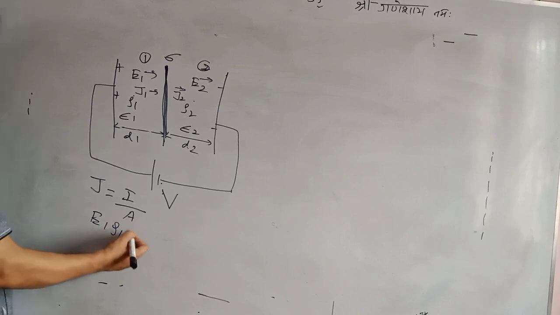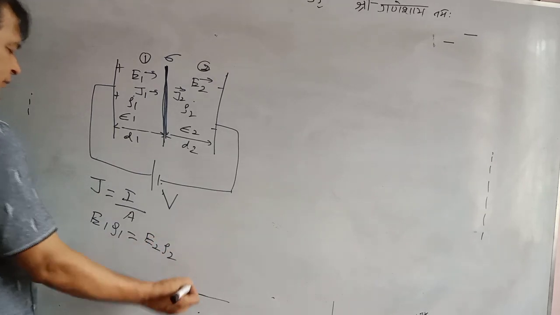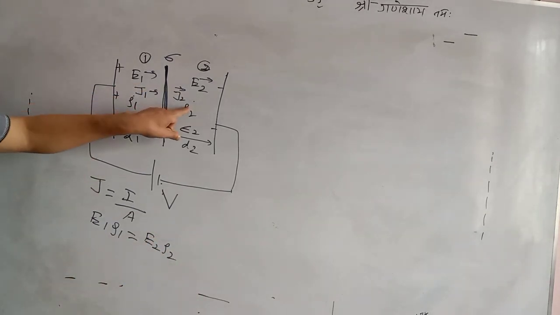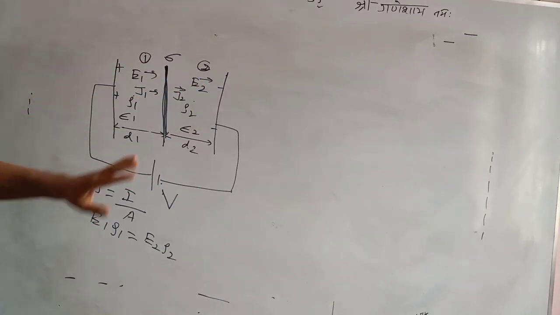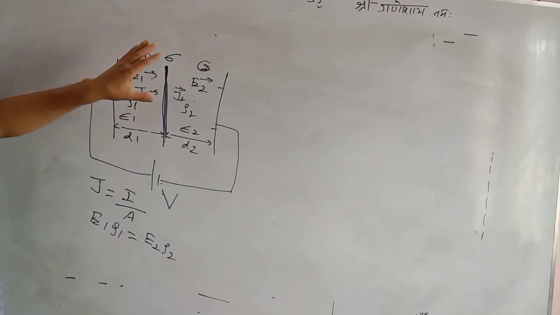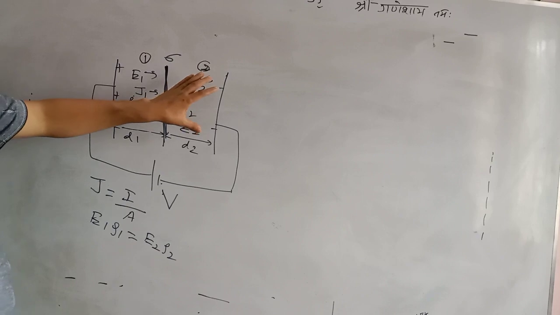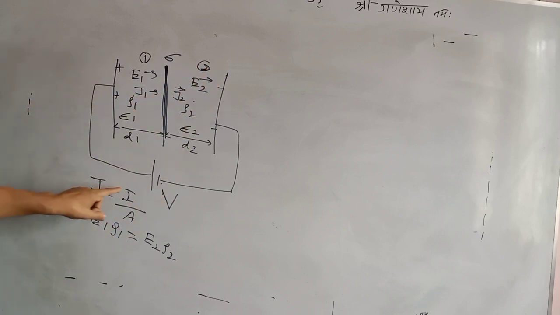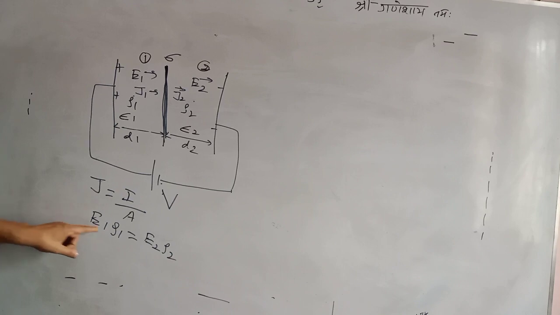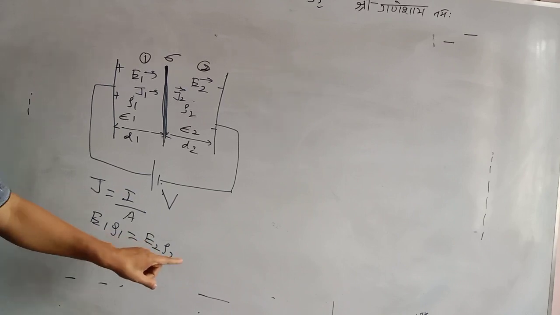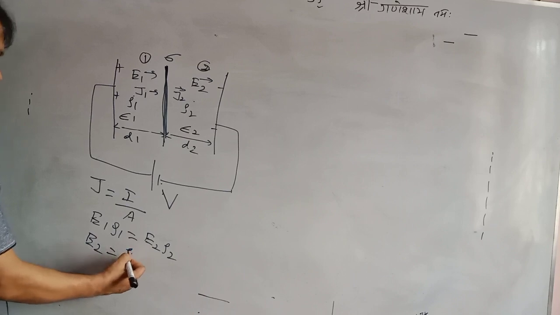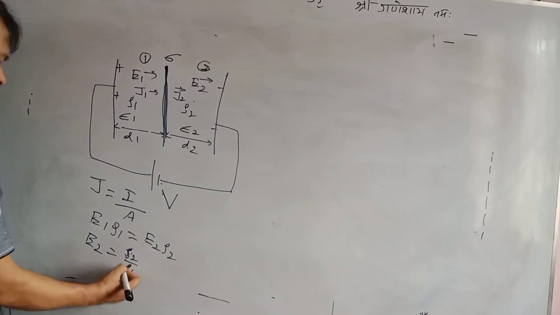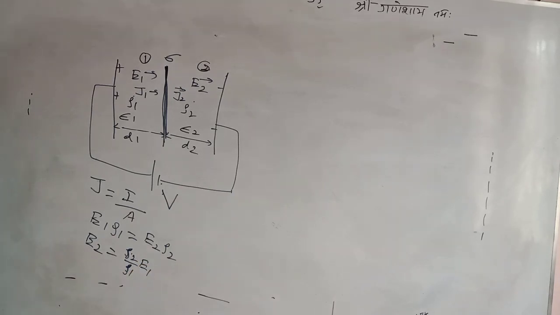So E1 ρ1 equals E2 ρ2, because J1 and J2 are equal, since this portion is in series with this one. Current will be the same and the cross sectional area for both is the same. So current density I by A is equal to E1 ρ1 and also to E2 ρ2. We can take E2 as ρ2 by ρ1 times E1.